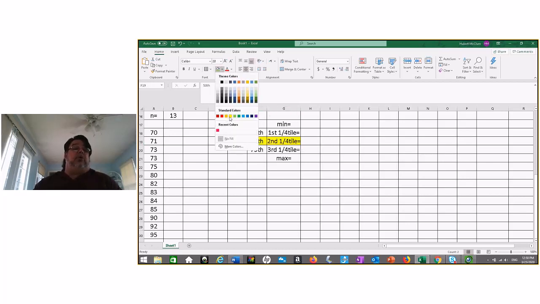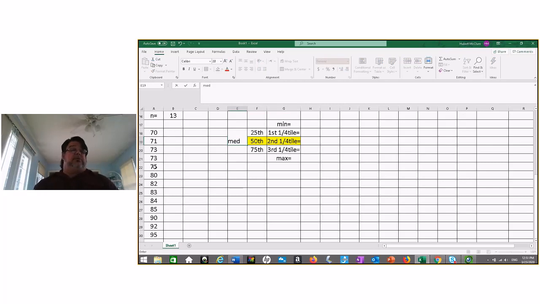This is called the median. So you need to write that down. That's the median. So the median of 13 is going to be the 7th number. 1, 2, 3, 4, 5, 6, 7. So that's that number right there, which is equal to 82.